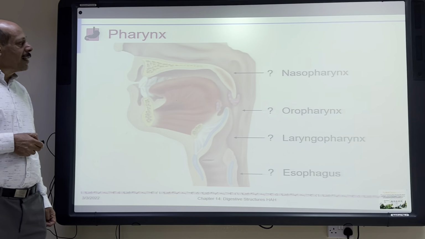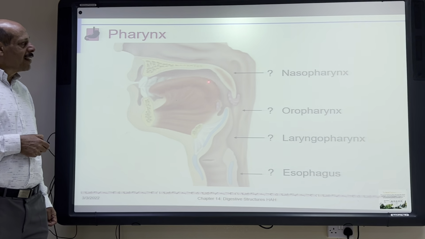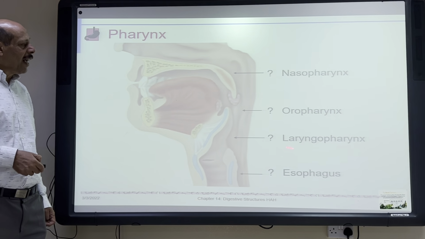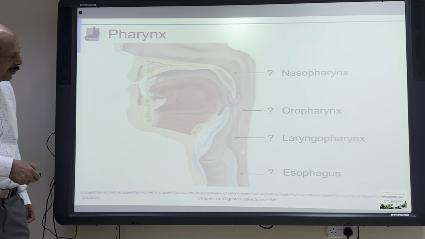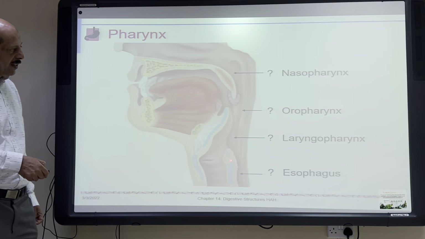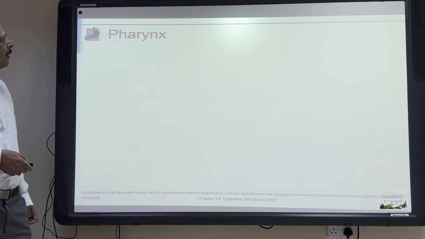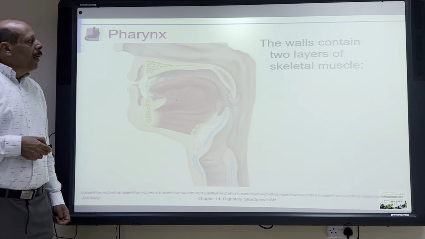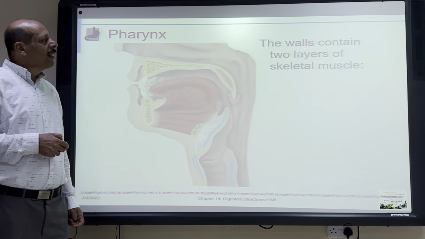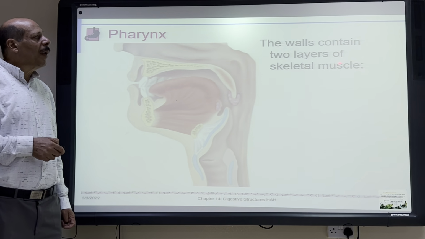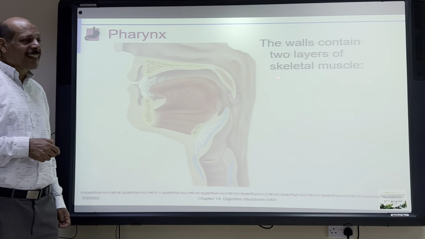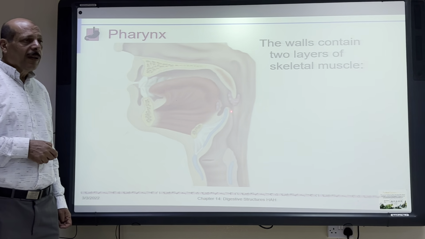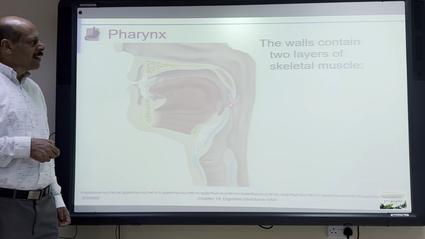As we said, this is the nasopharynx here, the oropharynx, and the laryngopharynx, and then we have the esophagus. In the pharynx, the wall contains 2 layers of skeletal muscles.